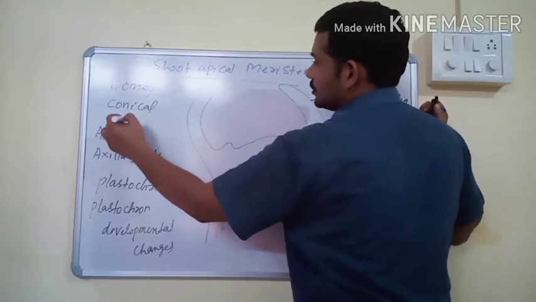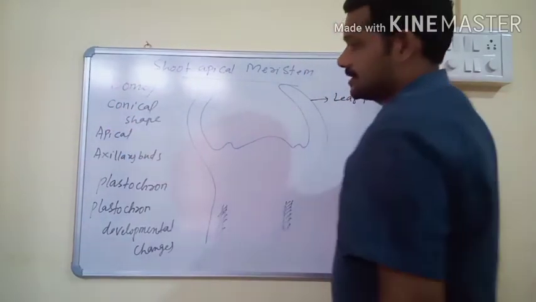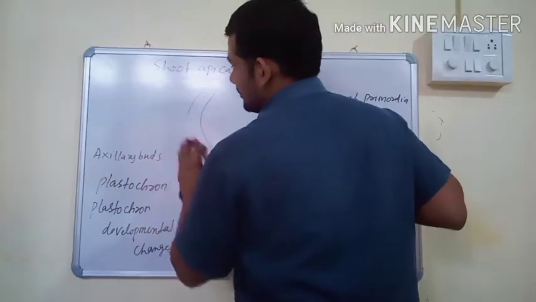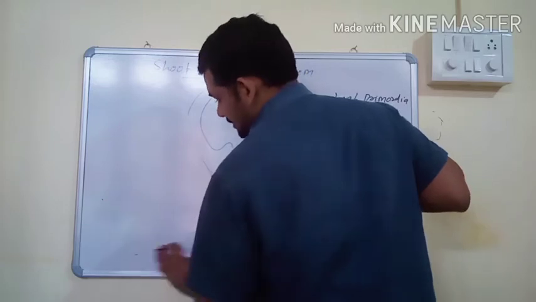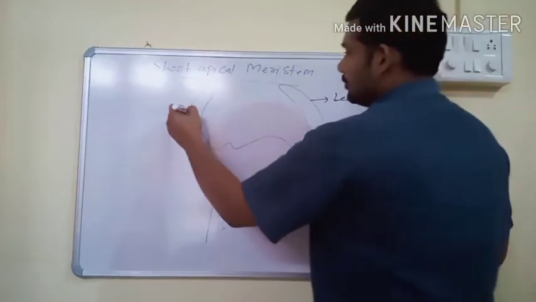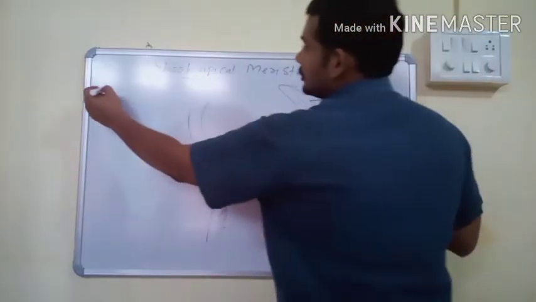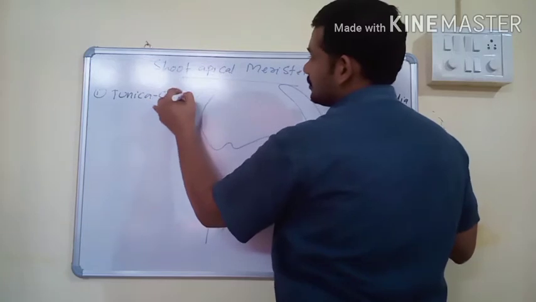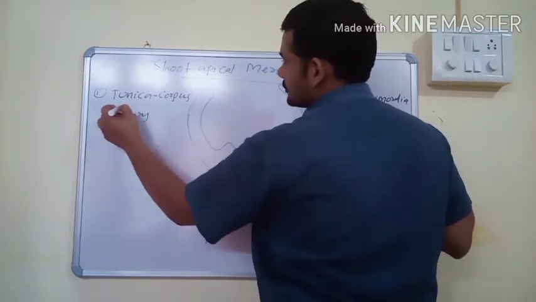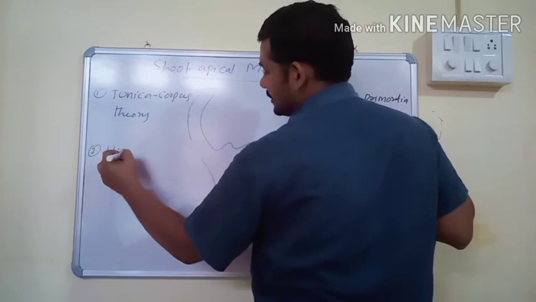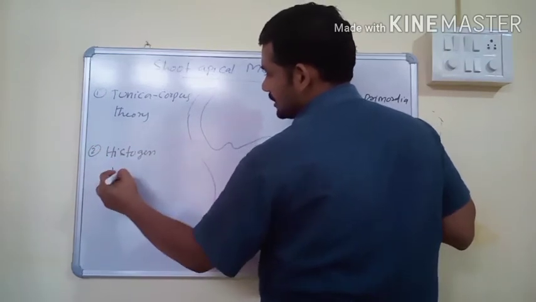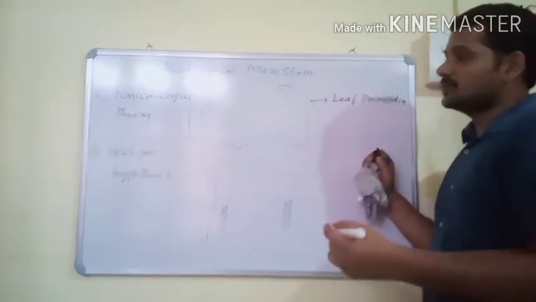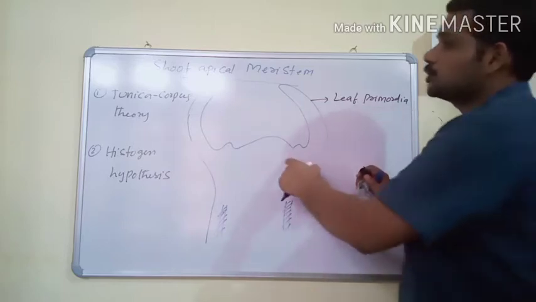The shoot apical meristem was explained by various hypotheses, and the two important hypotheses or theories are the tunica corpus theory, which is the first, and the histogen hypothesis, which is the second.